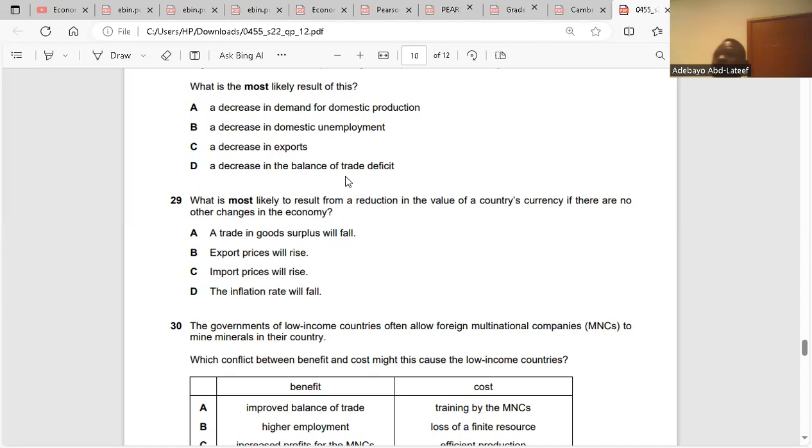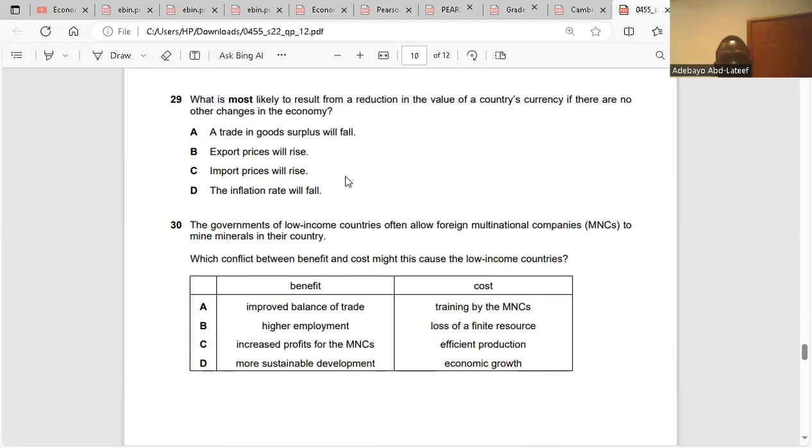Your country's currency will buy less of foreign currencies, while foreign currencies will buy more of your currency. So exports will increase, imports would reduce. Is it clear now? Yes. So it's C.